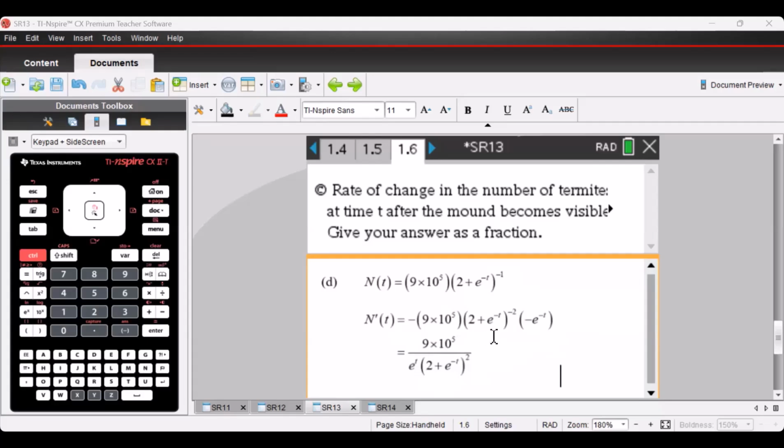And so this becomes 2 plus e to the negative t all squared. And that is the form that the question writers require you to express the derivative in. So N dashed of t is equal to 9 times 10 to the power of 5 divided by e to the power of t times 2 plus e to the power of negative t all squared.